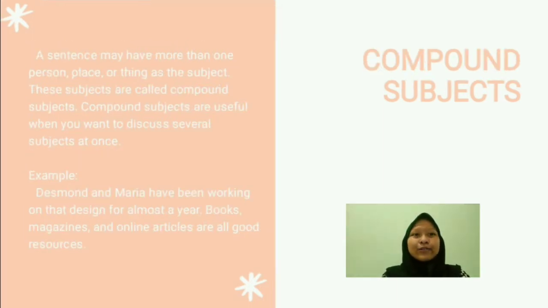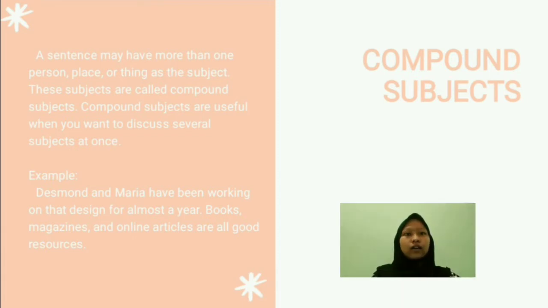Next, compound subjects. A sentence may have more than one person, place, or thing as the subject. These are called compound subjects. Compound subjects are useful when you want to discuss several subjects at once. For example, "Desmond and Maria have been working on that design for almost a year." "Books, magazines, and online articles are all good resources."